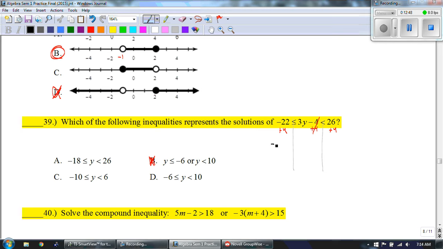Negative 22 plus 4 is negative 18, which is less than or equal to 3y. 26 plus 4 is 30. And then I'm going to divide everything by 3. And we get negative 6 is less than or equal to y, which is less than 10, which is D.